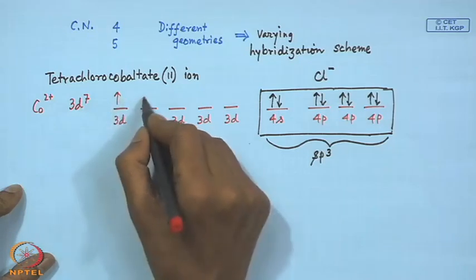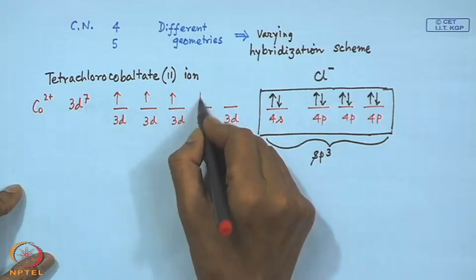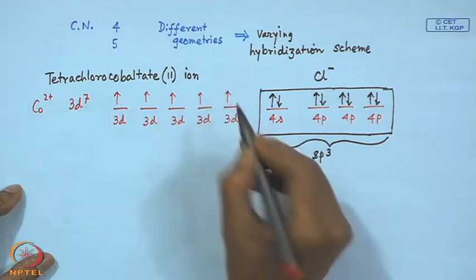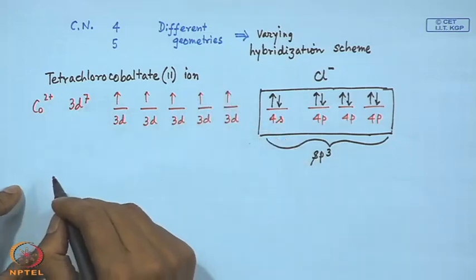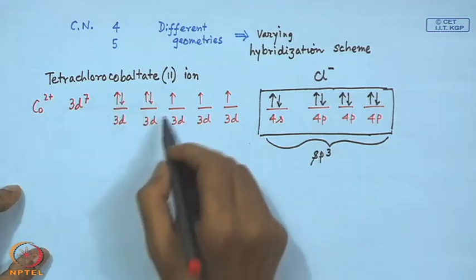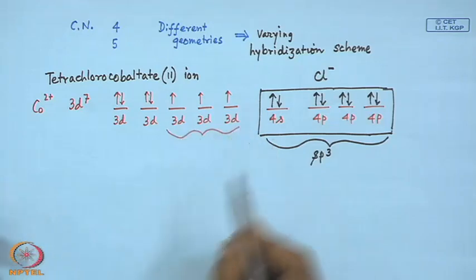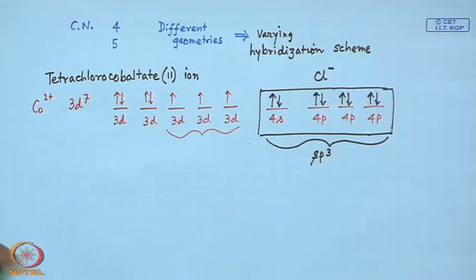So, the remaining 7 electrons, 5, each one is occupying 1 first, then the pairing. So, we have 3 unpaired electrons, which is same as that of the corresponding free ion value.